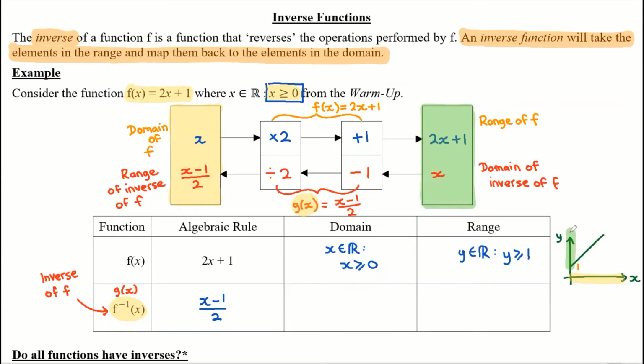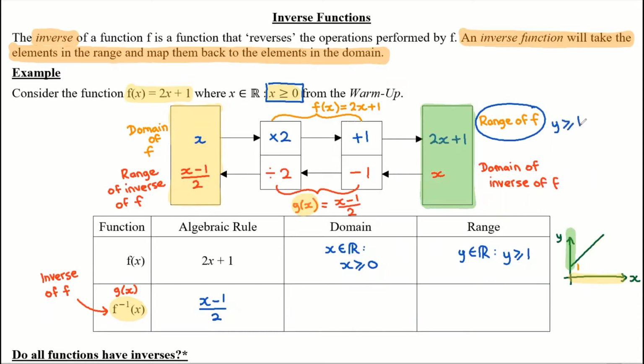Now then, if we look at x subtract 1 over 2, go back to the sketch as well, and just from what we infer from previously, we're taking elements for the domain for the inverse function from the range of f, from here. Now, the range of f, as we've just discovered, is all y values greater than or equal to 1.